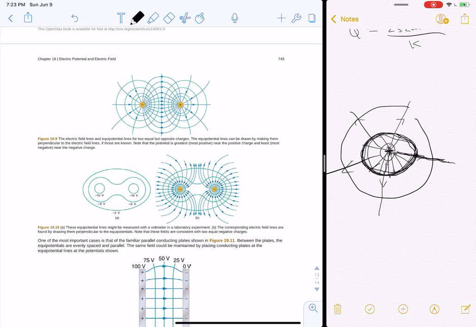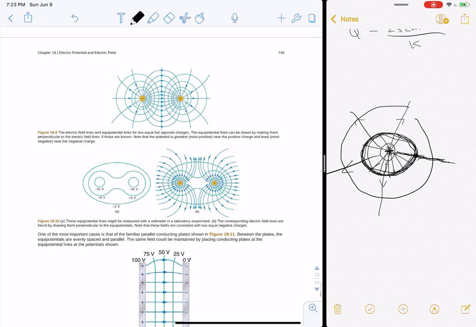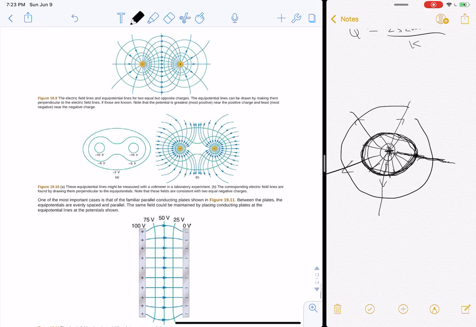So you can see if you trace out some of these lines, like let's say down in this figure, A and B, you've got the minus signs. You can see here's a region where the equipotential lines are shared by the two charges, and this is because since they're both negatively charged, you're going to have similar electric potential lines.